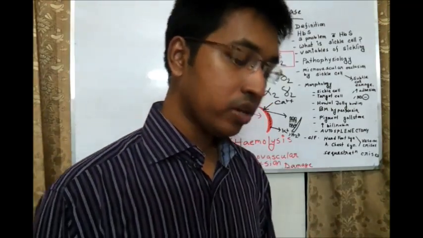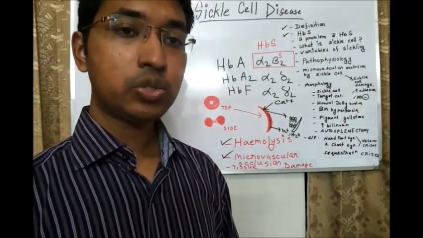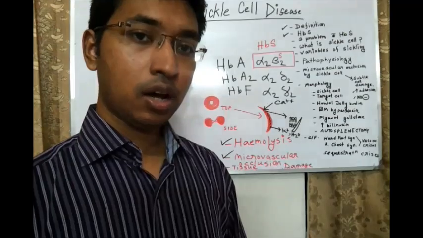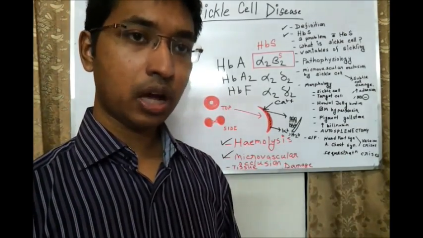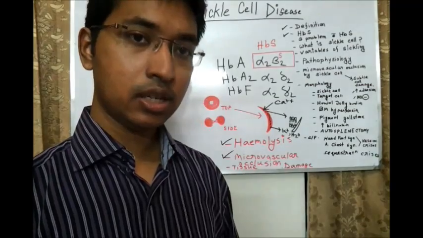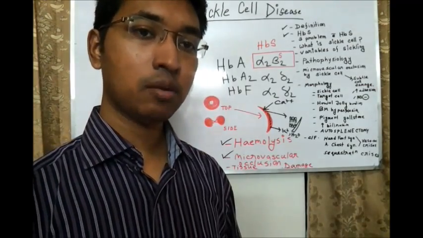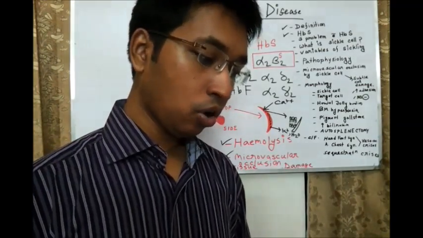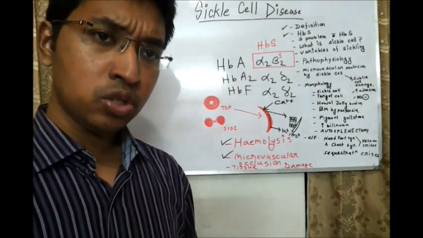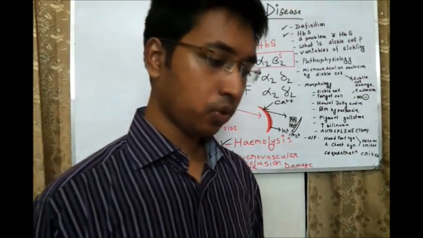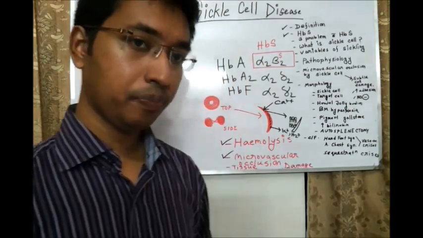There are a lot of ways of diagnosing it. Always remember, if you have a patient of African American descent complaining of hematuria, always do a screening test for sickle cell disease as well.